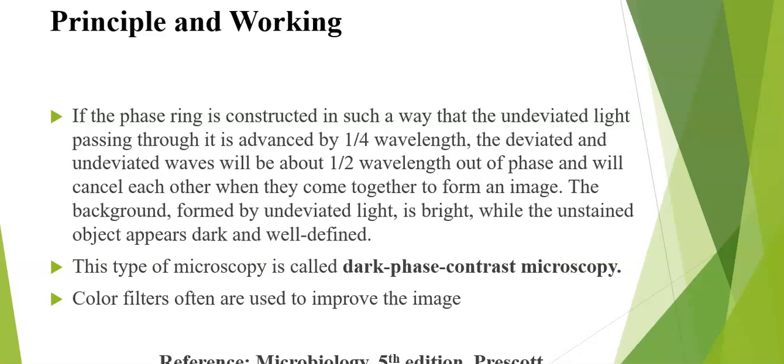So here the background formed by the light which is not deviated will be bright, while the object, which is not stained, will appear dark and well defined. So this type of microscopy is called dark phase contrast microscopy, and color filters are often used to improve the basic image.